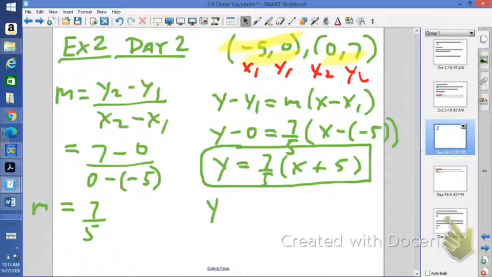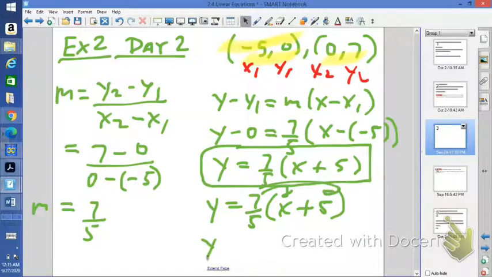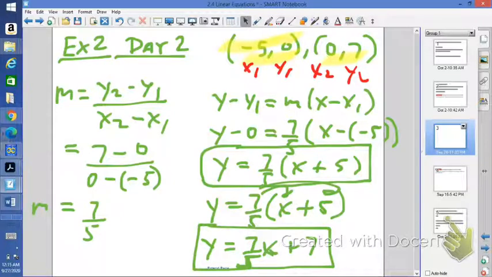So now we're going to distribute the 7/5 to the x and to the 5. So we're left with y equals 7/5 x plus 7. And there's your answer in slope-intercept form.